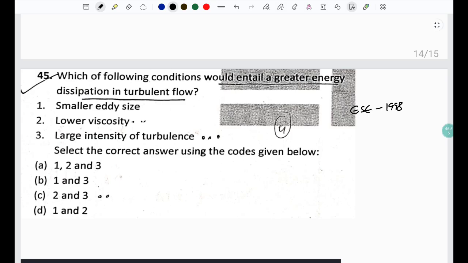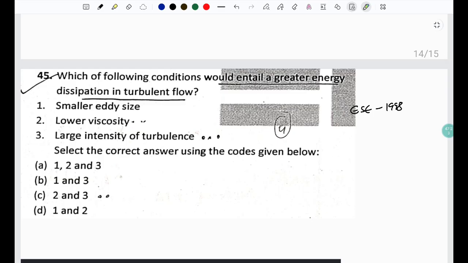Of course, large intensity of turbulence would dissipate more energy. I was sure about third, but I was doubtful about the first and second statements. I believed that instead of smaller eddy size, larger eddy size would yield greater energy dissipation, but unfortunately that is not the case.